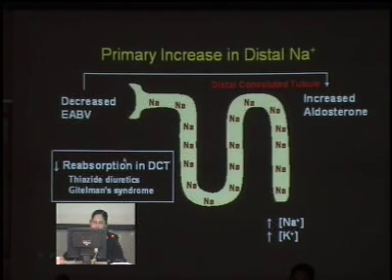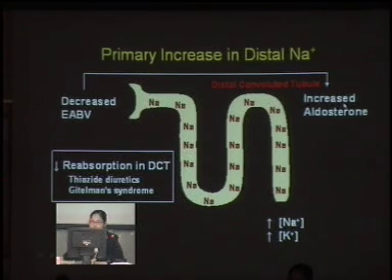This time it is thiazide diuretics. You know, hydrochlorothiazide. It acts at the distal convoluted tubule, a different site, and causes low blood volume, the same, because it makes the body lose sodium, and also lose potassium because low blood volume would stimulate aldosterone release.